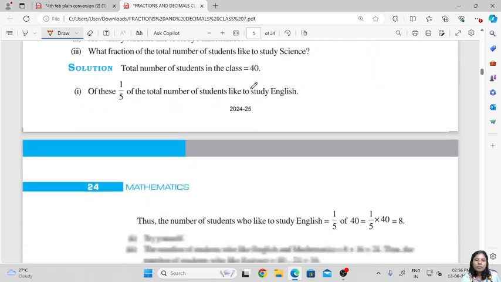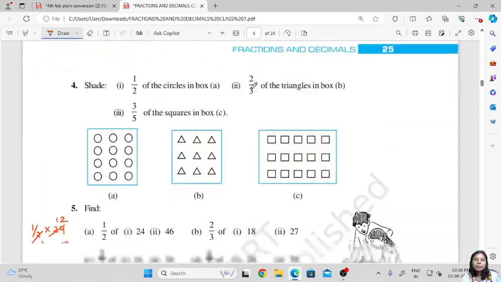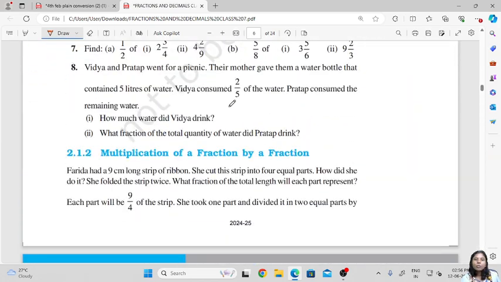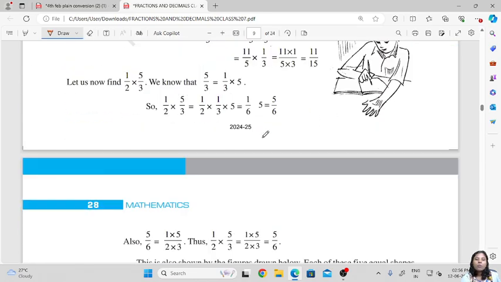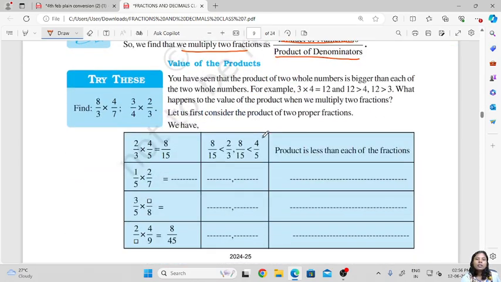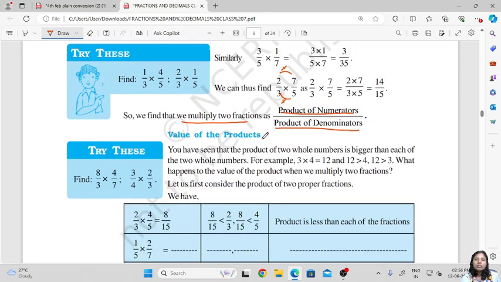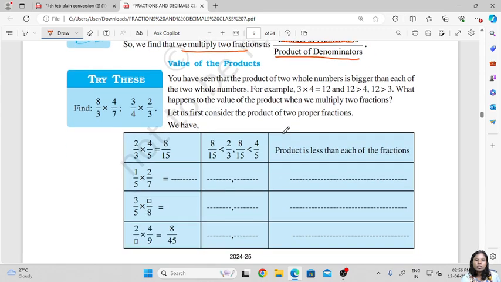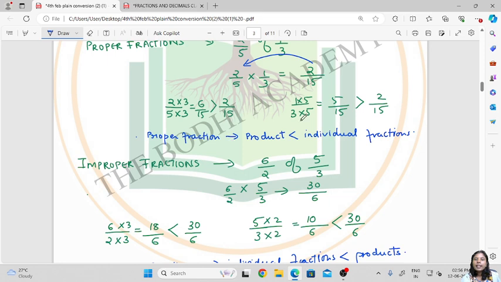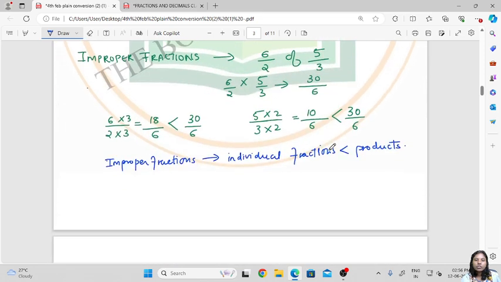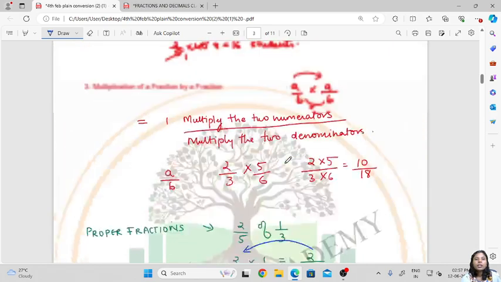Then we solved some word problems, and then lastly we saw how to multiply a fraction by another fraction. We also saw what happens when the values of the products compare with the individual fractions. We saw when it is proper fractions, the product is less than that of the individual fractions, and in case of improper fractions, the individual fractions are less than that of the products, that is the products are greater.